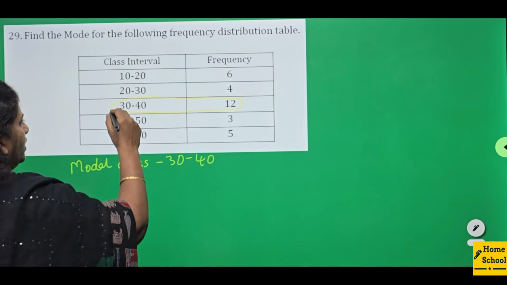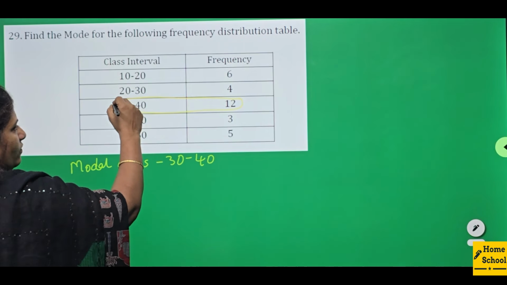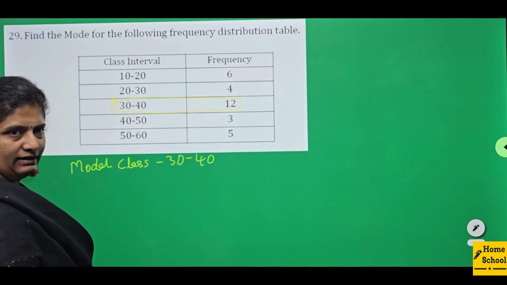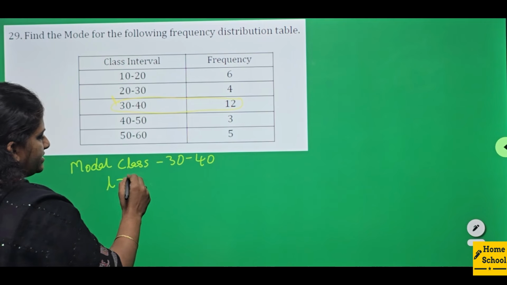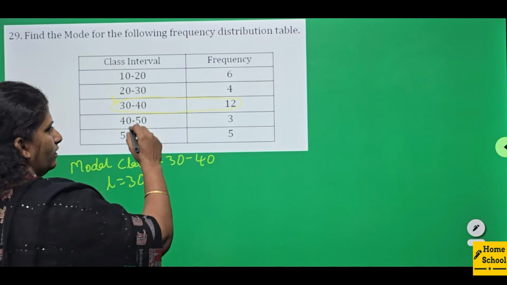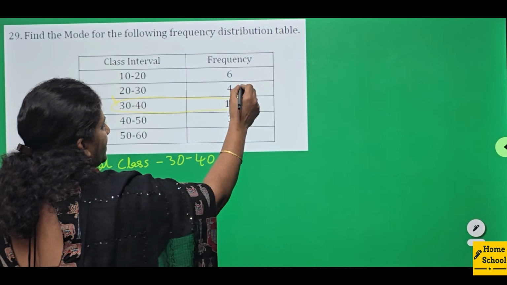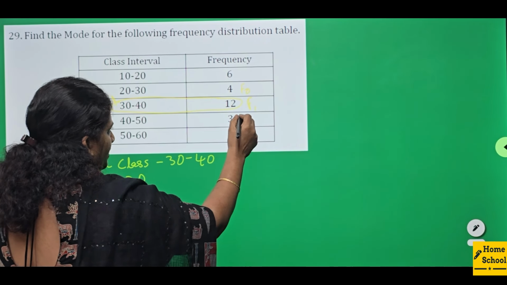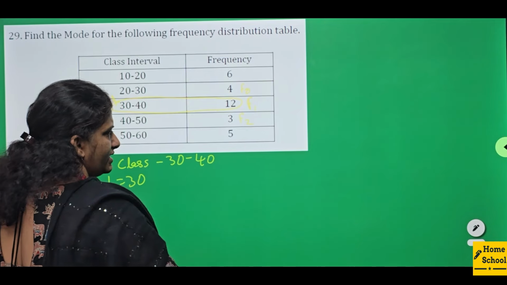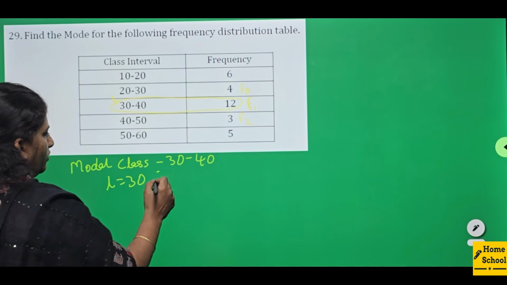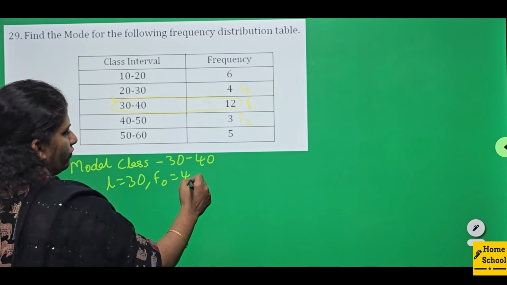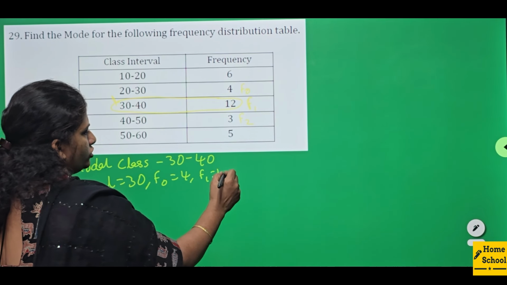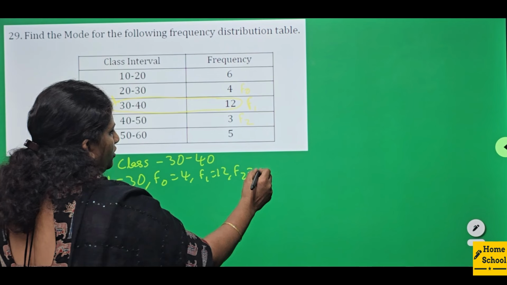And now, in the modal class, what is the lower limit? That is L, 30. L is equal to 30. Now above the modal class frequency is F0. In the modal class it is F1. Below the modal class it is F2. Write that one only. F0 is equal to 4. F1 is equal to 12. F2 is equal to 3.